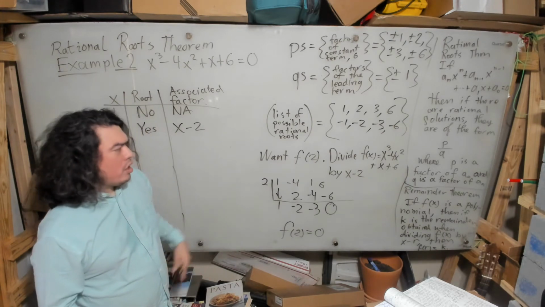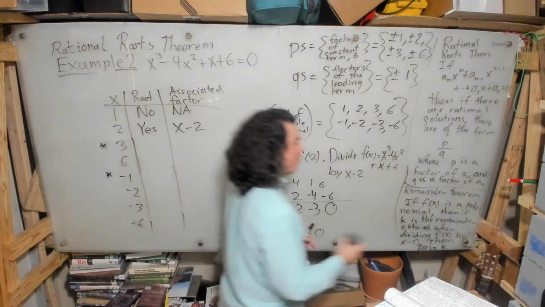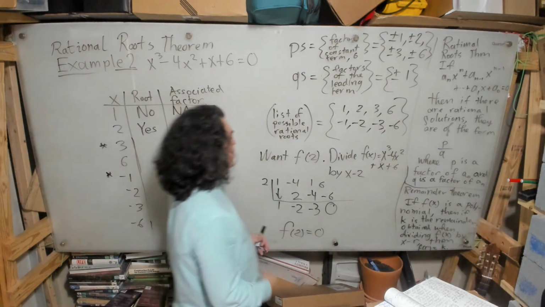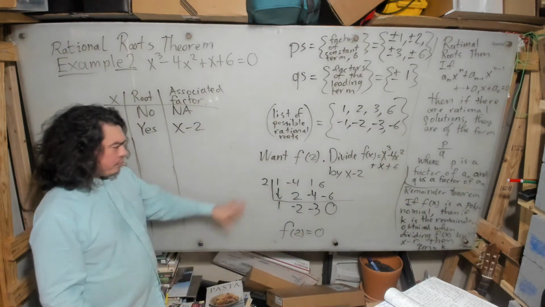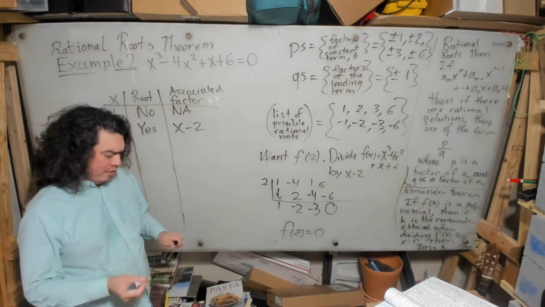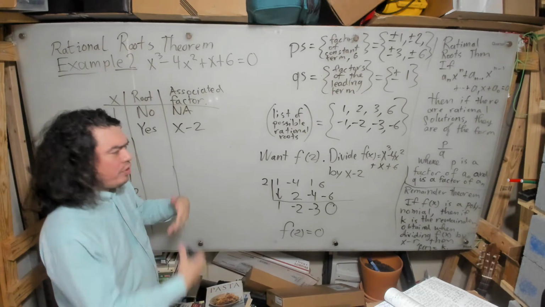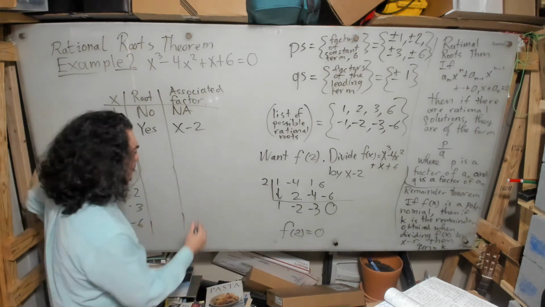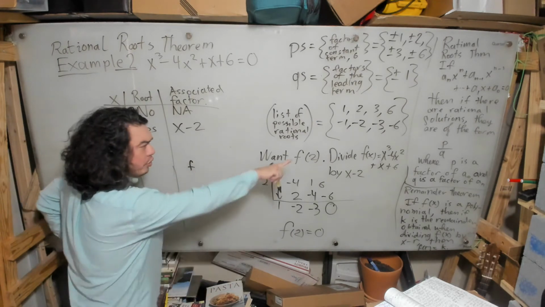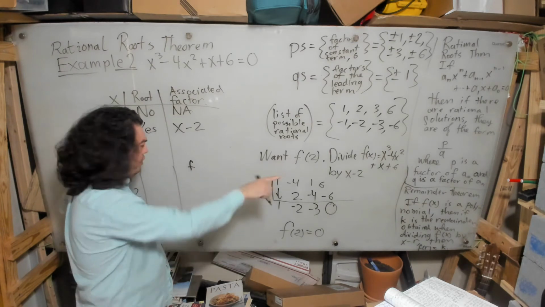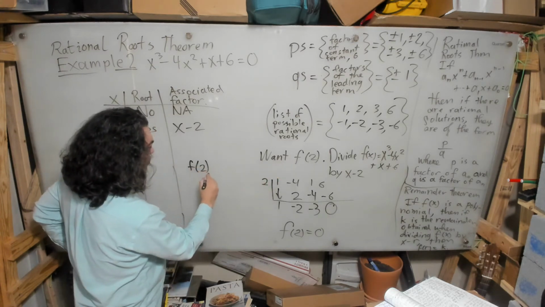Another thing I wanted to do here before we proceed is see by explicit calculation if f of 2 is in fact 0. I only want to do this here so that you can again see that you would get the same result. So if the polynomial is as written over there, how would we evaluate f of 2?